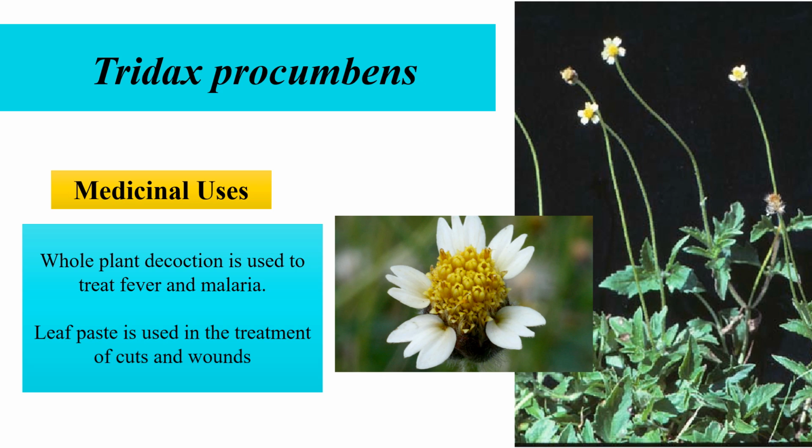So this plant is highly medicinal, and this is known as Bisalya Karani in the Odia language. A decoction of the whole plant is used to treat fever and malaria, and the leaf paste is used in the treatment of cuts and wounds.